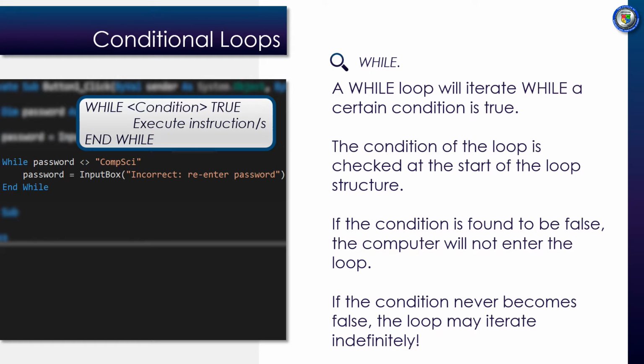In other words, if password is comp sci, then this condition will be found as false and will not enter the loop. If this condition is true and the password is not comp sci, then we will enter the loop and the user will get a second opportunity to re-enter that password.